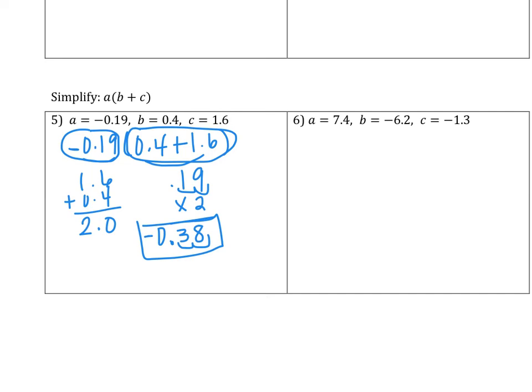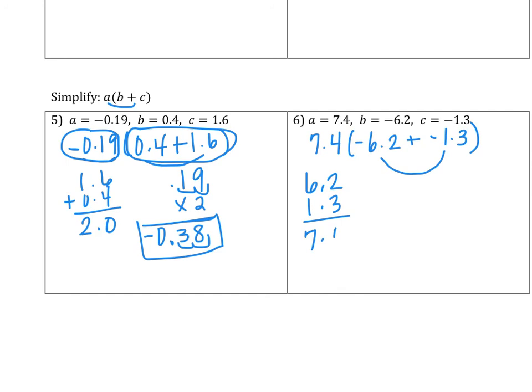Number 6, let's go ahead and substitute that in for right here. And we get 7.4 times parentheses negative 6.2 plus a negative 1.3. First thing I want to do is add my negatives together. So negative 6.2 and negative 1.3 is going to give us negative 7.5. And then we're going to multiply that by this factor.